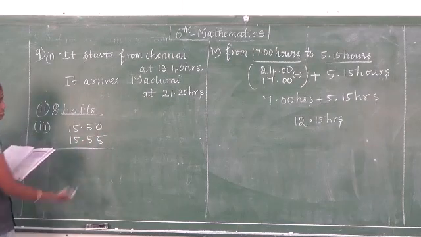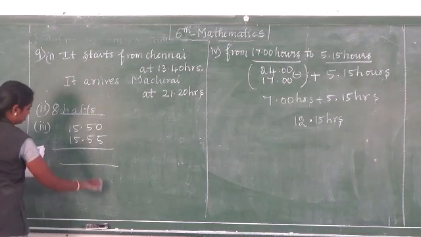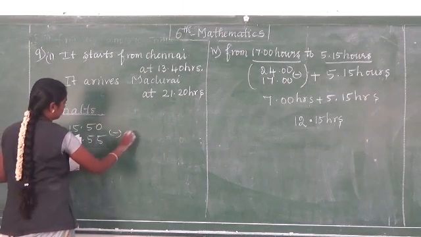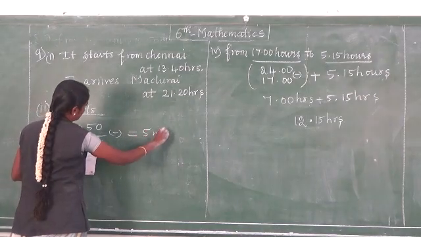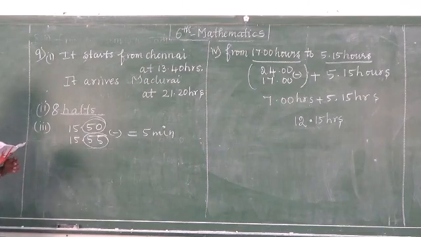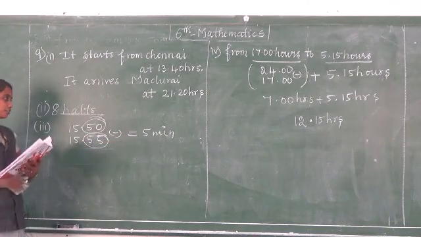So what is the difference? If you subtract, the difference is 5 minutes. It arrived at 50 minutes, they start at 55. So the difference is 5 minutes.